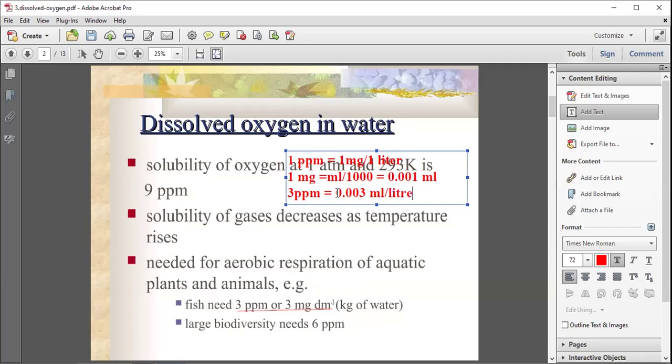So you have to memorize this one, what ppm means. In water supply, we use this type of units, right? 3 ppm means 0.003 milliliter per liter, for chlorination or many other things we decide.